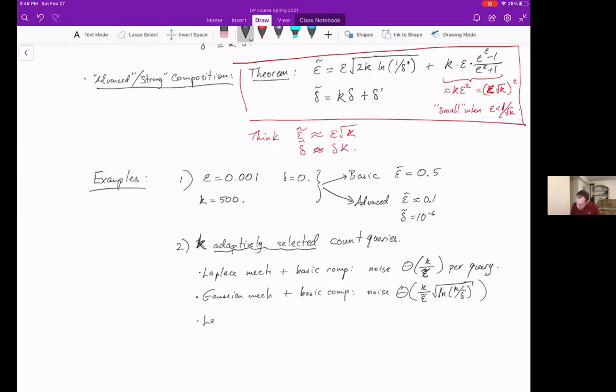On the other hand, if we use strong composition, even if we just use the Laplace mechanism to answer each query, then we're going to get noise that's much smaller, something like square root of k over epsilon tilde, the final guarantee, times about square root of log of 1 over the final delta.